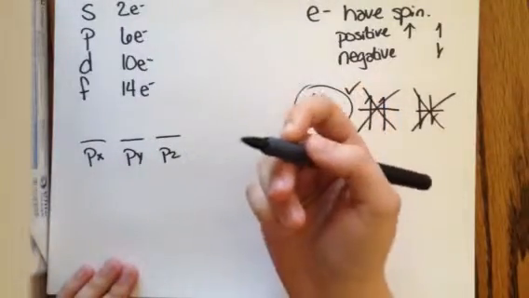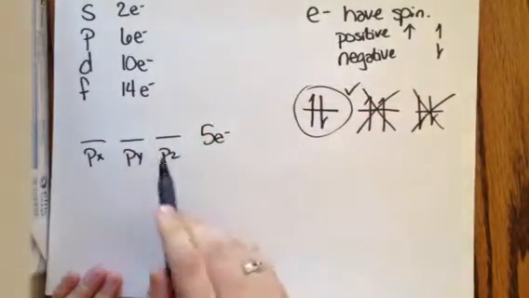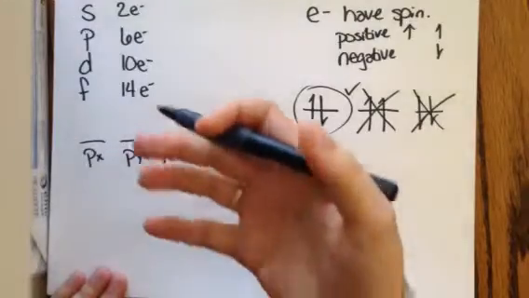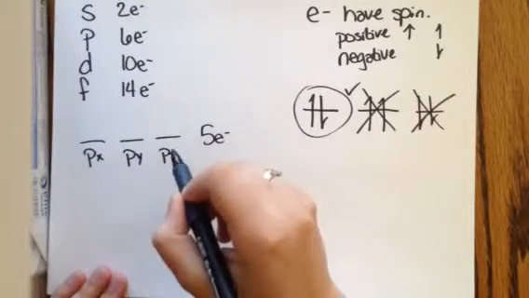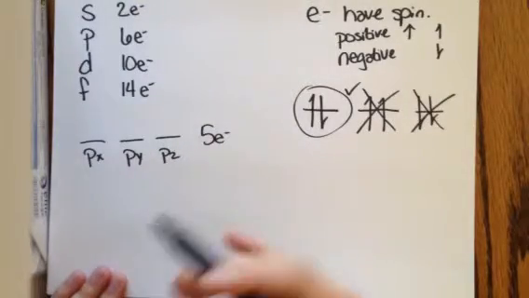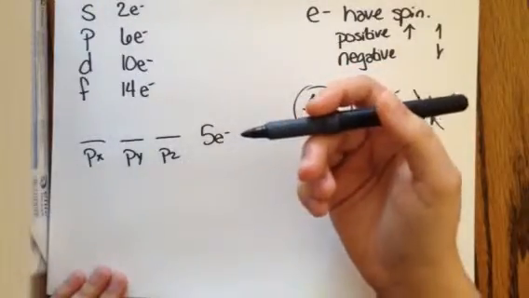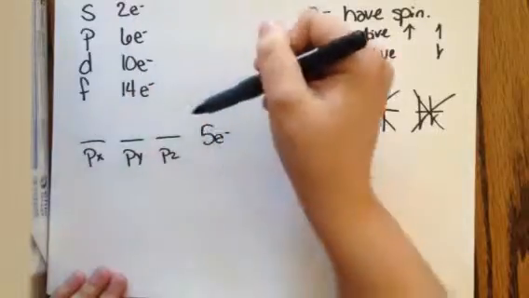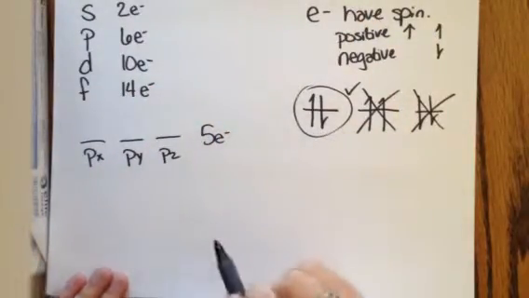If I'm trying to put 5 electrons into this p orbital, there's a specific order that I have to follow in order to do this. The way that you place electrons, you always try and give them as much space as possible, because electrons are kind of space hogs. So they'll distribute themselves across as many orbitals or as many of these lines as possible before they start to pair up like they do over here.